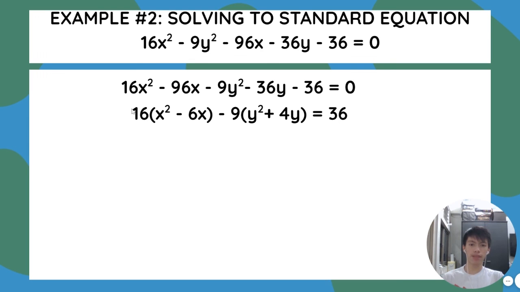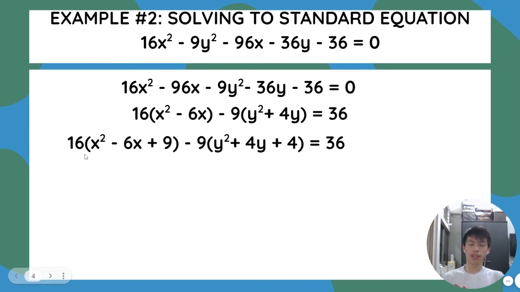Now we will expand this. So it will be 16 times (x squared minus 6x plus 6 divided by 2, which is 3, 3 squared equals 9). Minus 9 times (y squared plus 4y plus 4 divided by 2, which will be 2 squared, 4) equals 36. So do not forget that we have to put 9 and 4 on the right side, including the factor of them, which will be plus 9 times 16 plus 4 times negative 9.